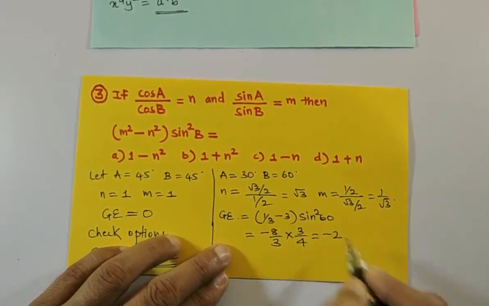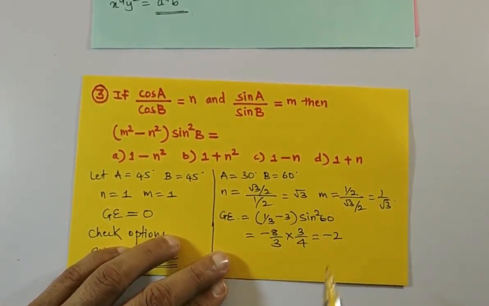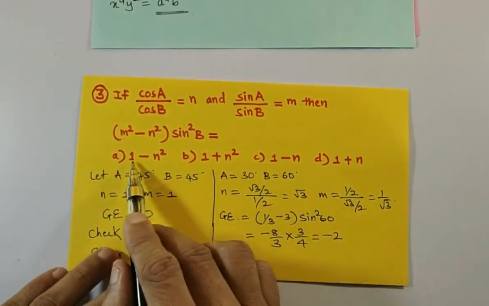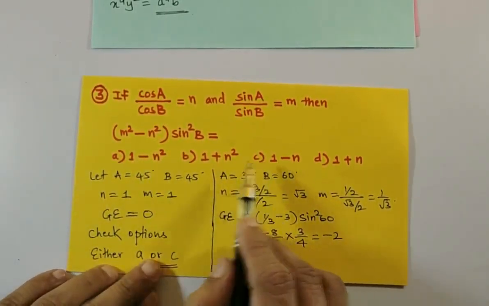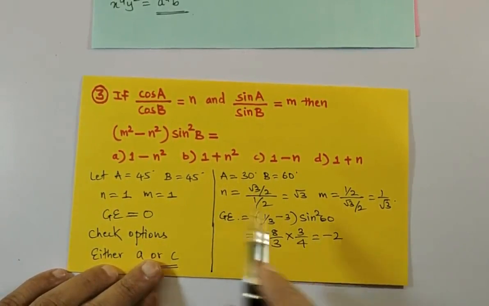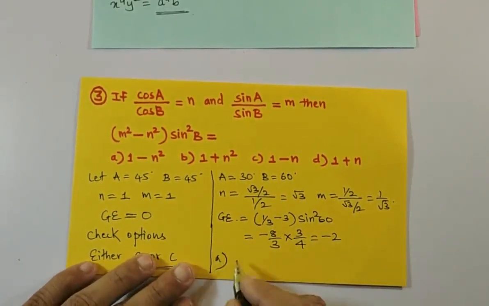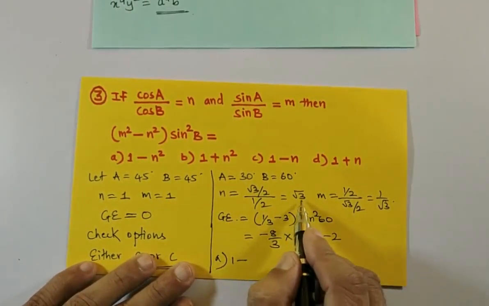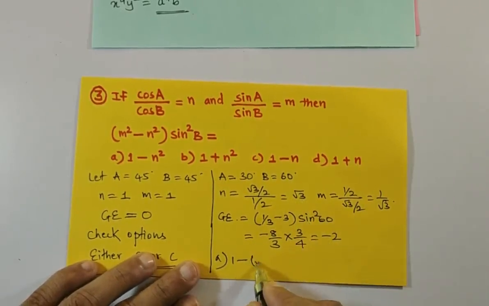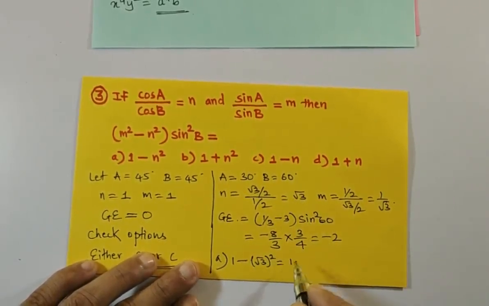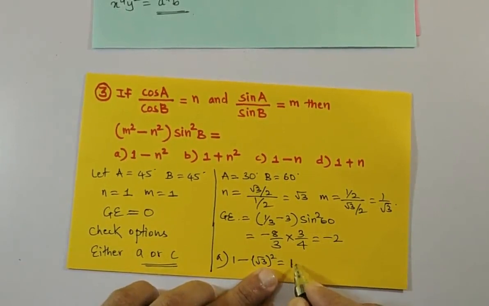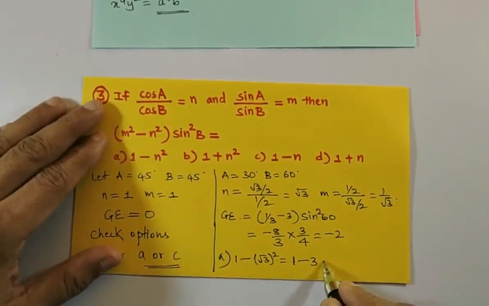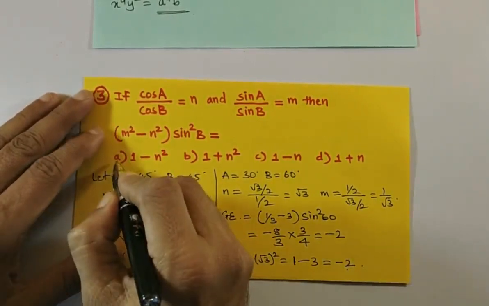So you should have minus 2. Now substitute in A and C, in which you will get minus 2. If I take option A, 1 minus n square, that is root 3 square, that is 1 minus 3. 1 minus 3 is minus 2. So I am getting minus 2, which means the answer is A.